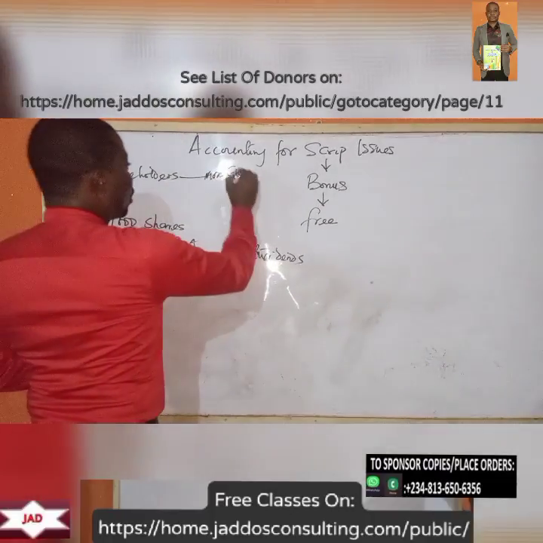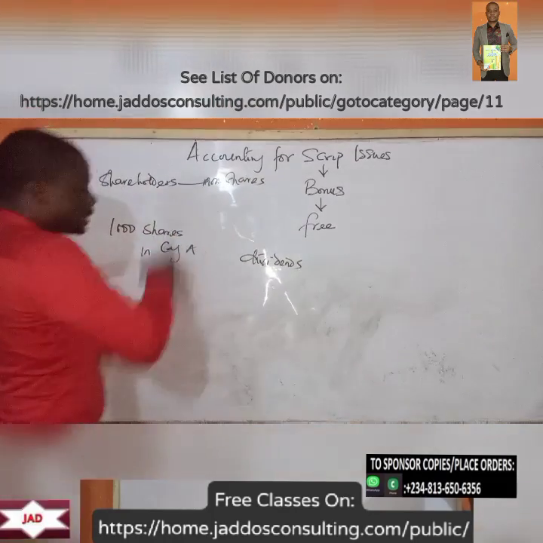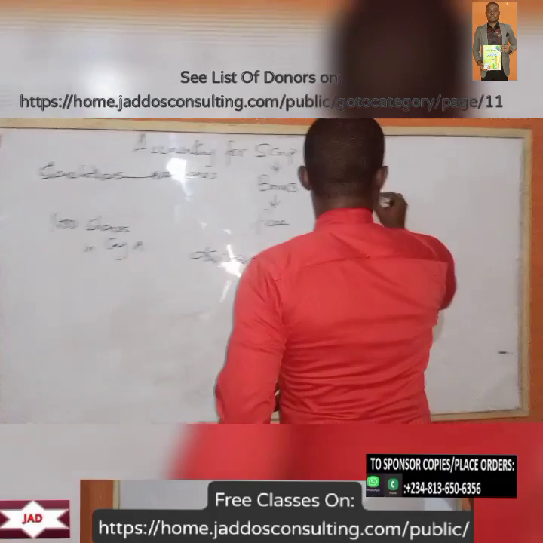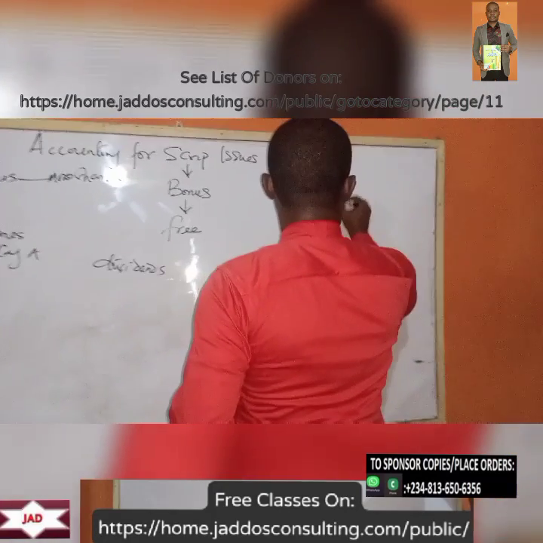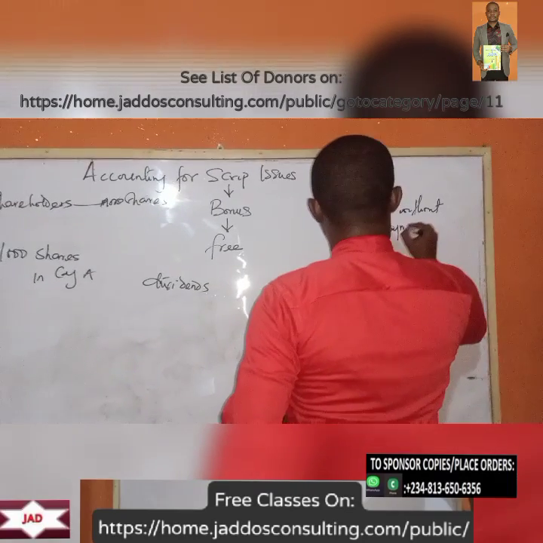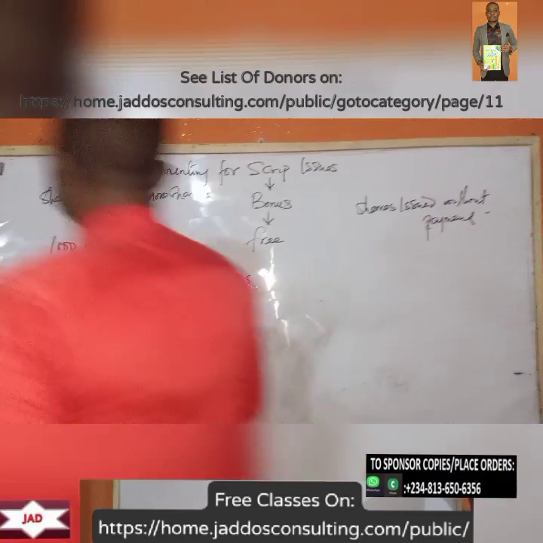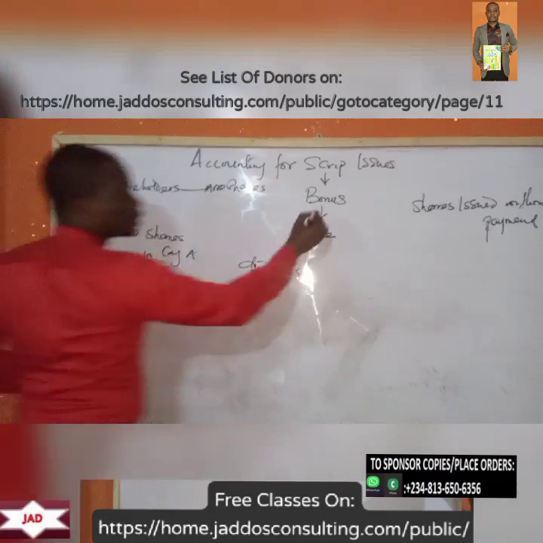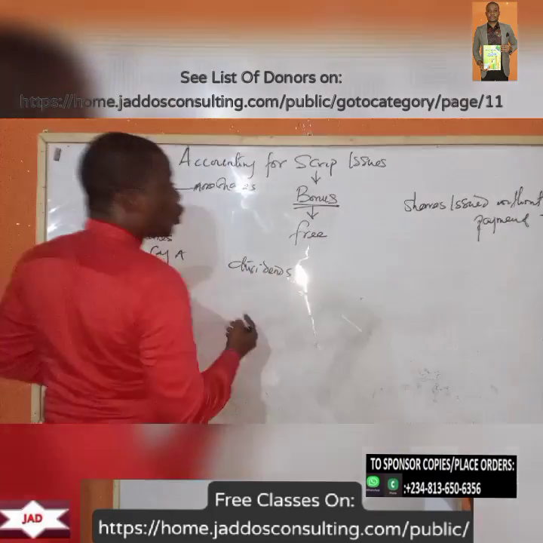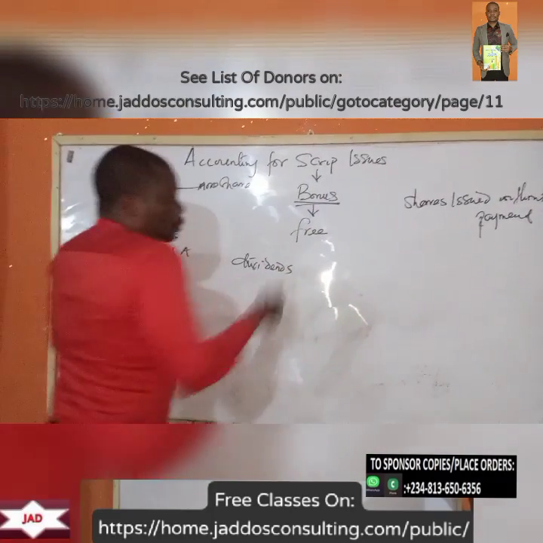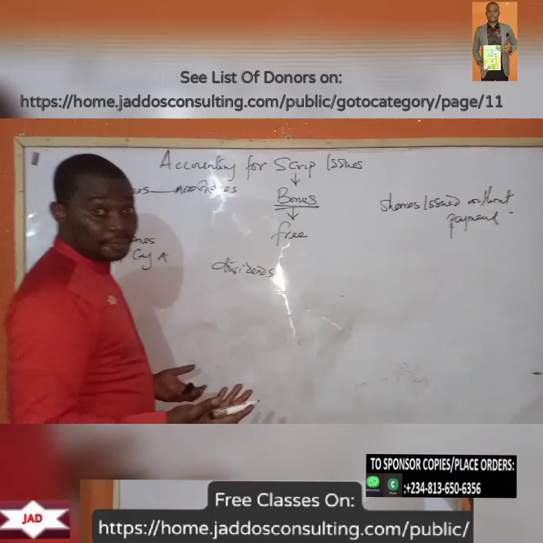But in this case, the shares are being given without payment. So we say shares issued without what? Payment. So it means that the shareholders are not paying for the shares. That's why it is called bonus issues, or bonus shares, or scrip issues, or free issues, or free shares.